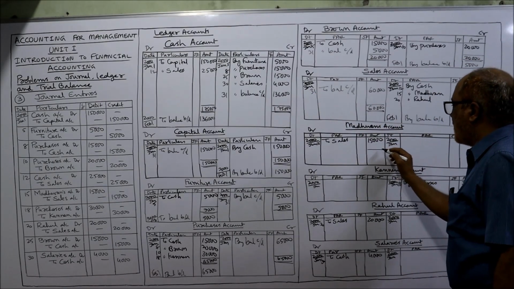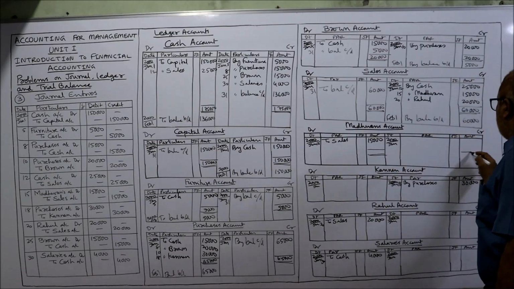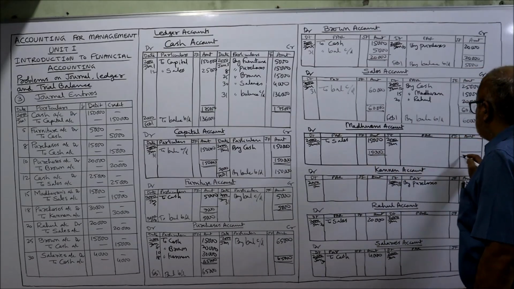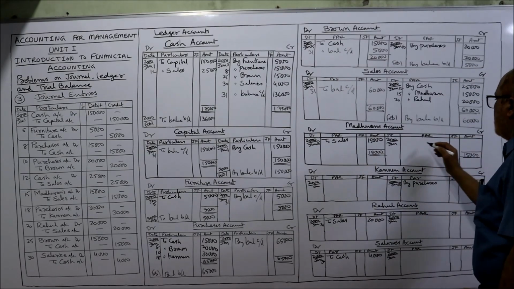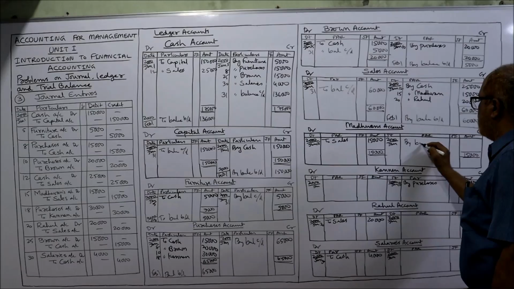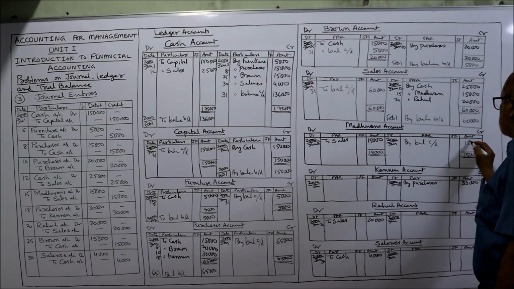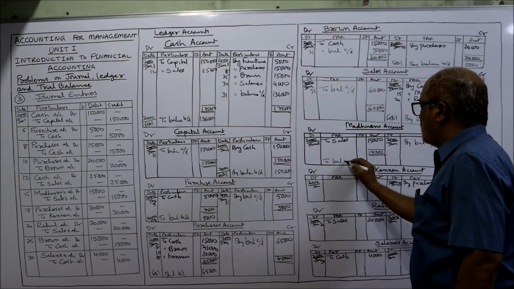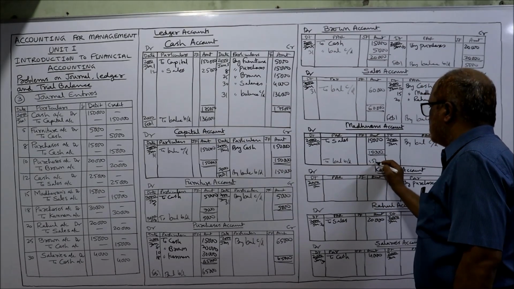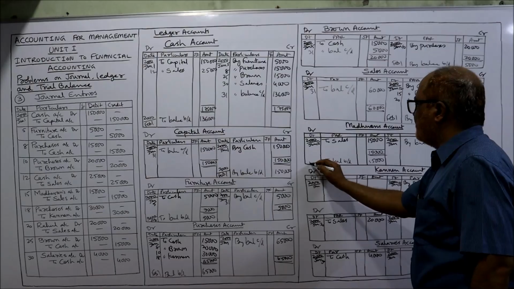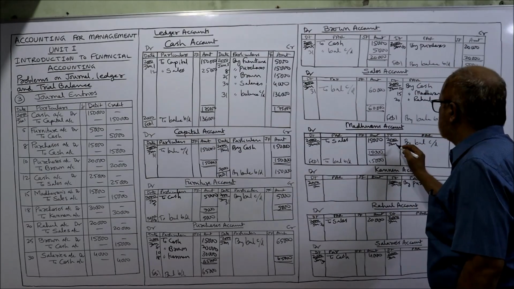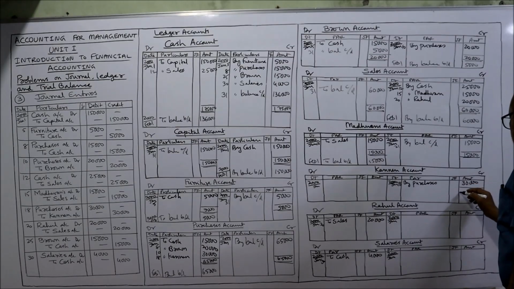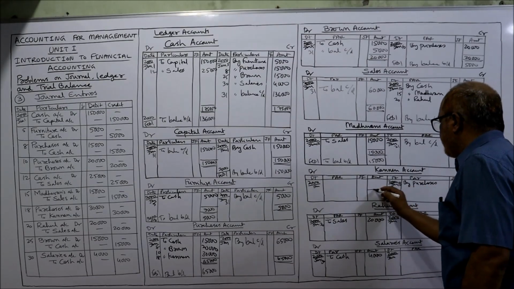Now Madhavan's account, only debit side we have 15,000. So here I am taking 15,000, same 15,000, by balance carried down 15,000, to balance brought down 15,000. This is February 1st and this is January 31st. Same Kannan's account, 30,000 we have.